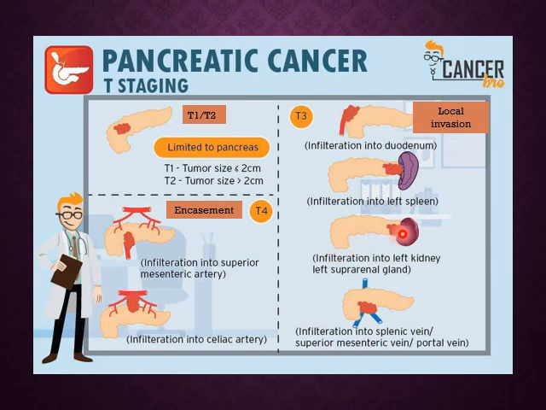Infiltration into the kidney, the hilum or part of the kidney, and into the splenic vein is also considered T3. So T3 is local adjacent infiltration of the tumor into the adjacent organs: the spleen, duodenum, kidney, and the splenic vein.